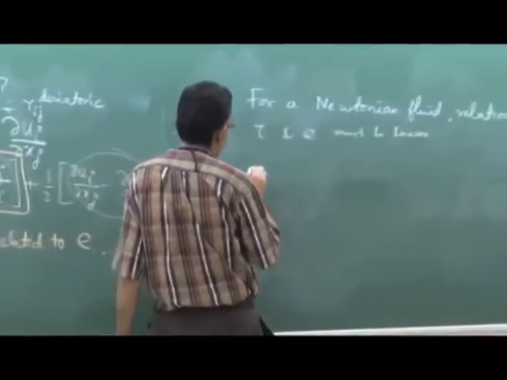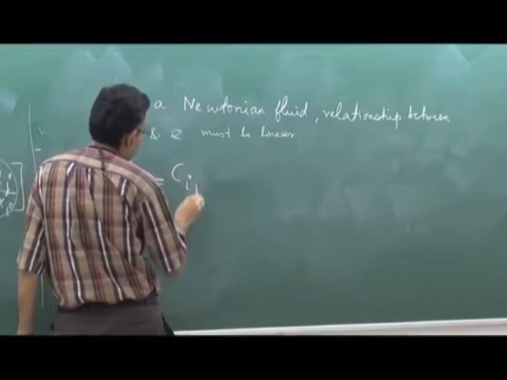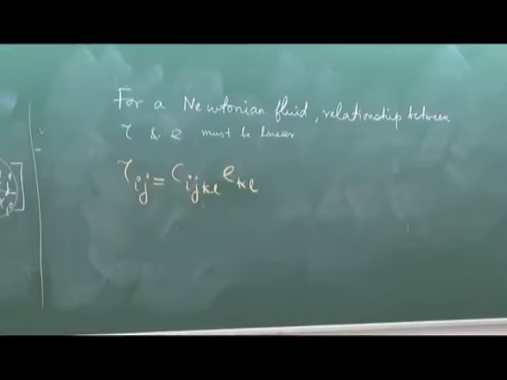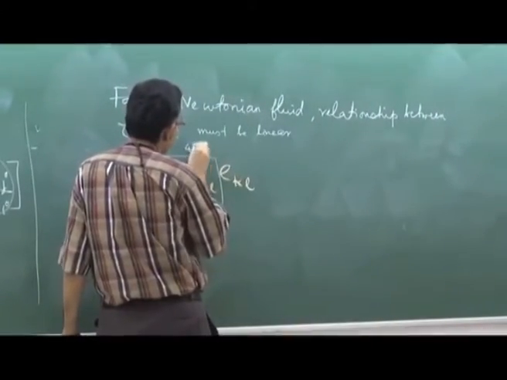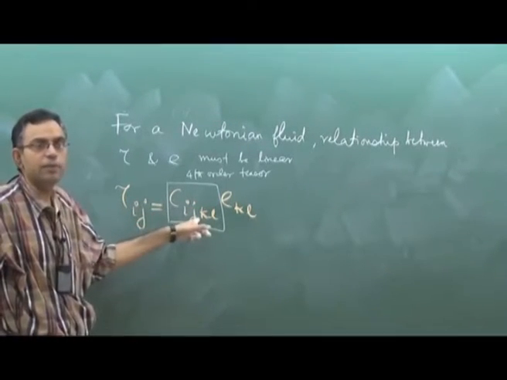So you can write this. A fourth order tensor requires 4 indices for its specification.